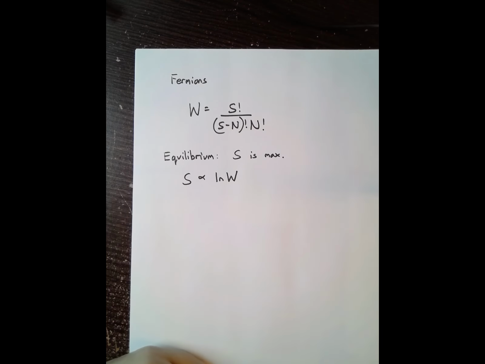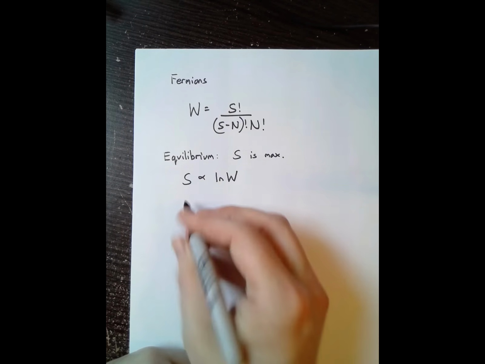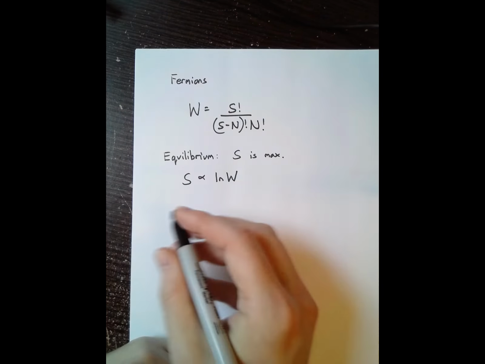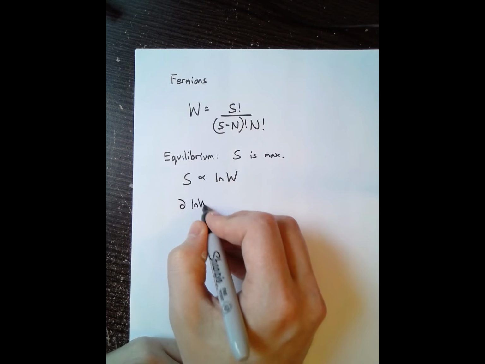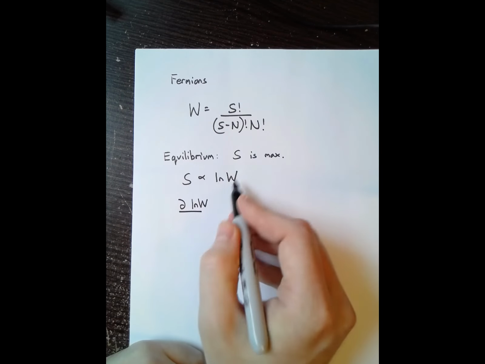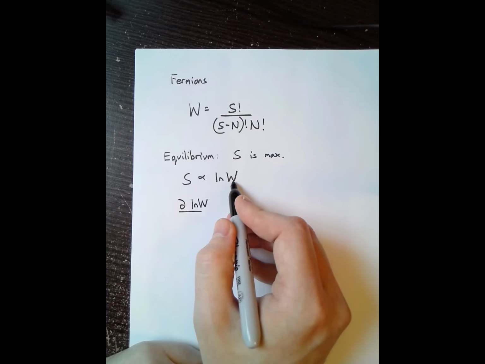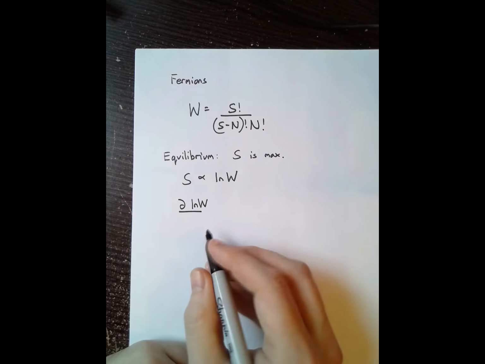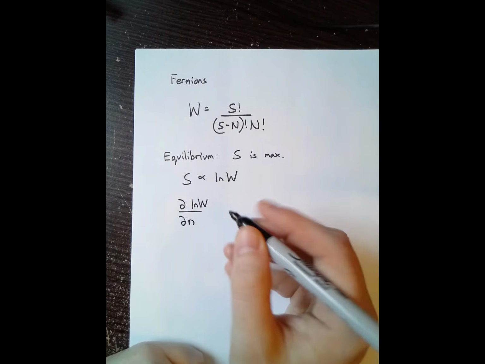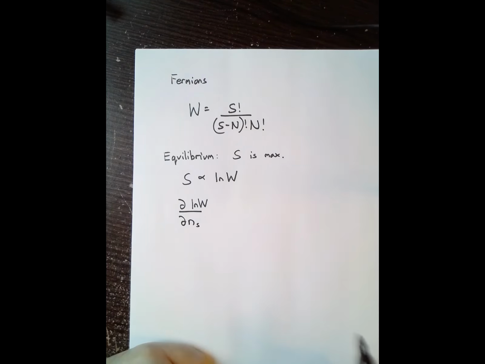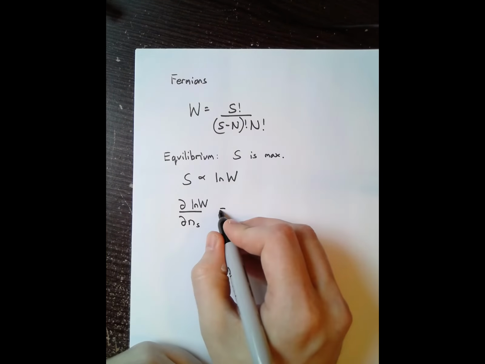So all we have to do, in order to find the equilibrium distribution function, is find the maximum or minimum, the stationary point of log W, the point that makes S a maximum. So you need to differentiate it with respect to the number of particles in a particular state, and then set that equal to 0.